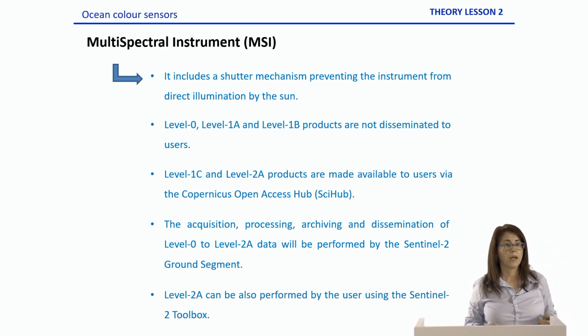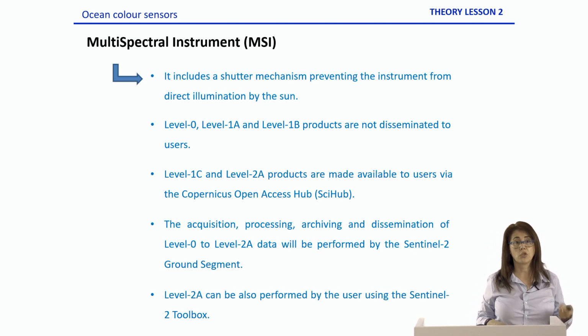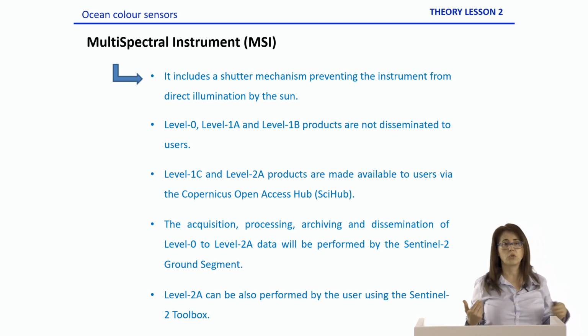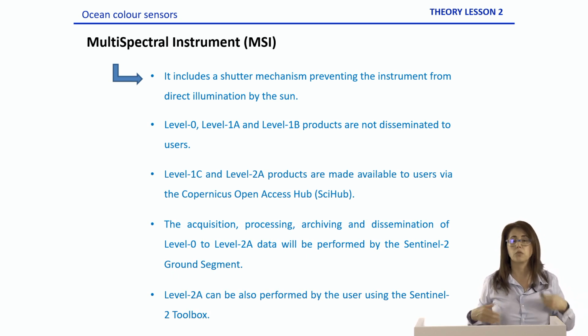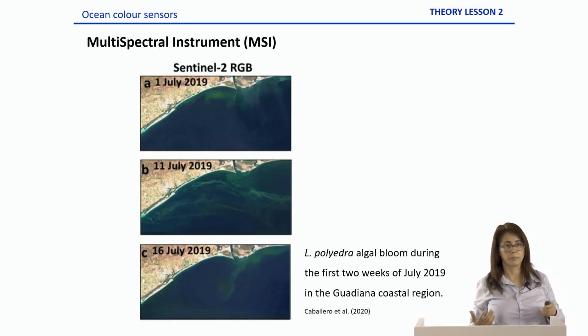Okay? And with this sensor, level 1A and 1B data are not disseminated to users. We could retrieve level 2 data, for example, from the Copernicus Open Access Hub or from the Sentinel-2 toolbox that was developed by the European Space Agency through the Copernicus program.